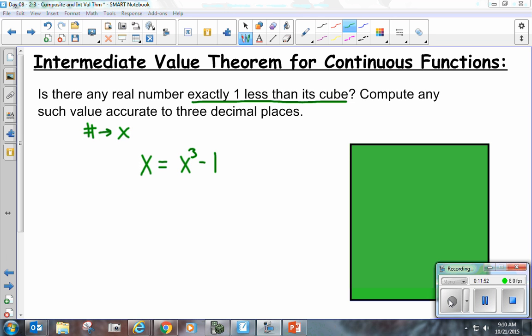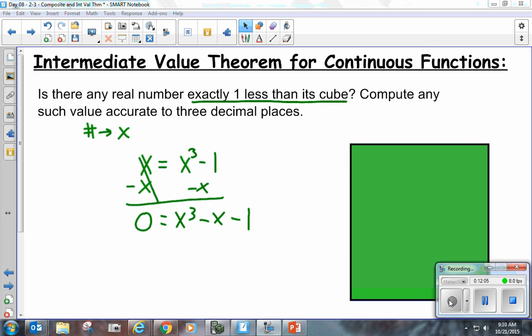If I can. Alright? So, I'll subtract x from both sides. And then 0 equals x cubed minus x minus 1. Alright? That would be a pain to factor. But we have graphing calculators and we can figure this out. So, they want it accurate to 3 decimal places. How am I going to do that? I'm going to graph it.